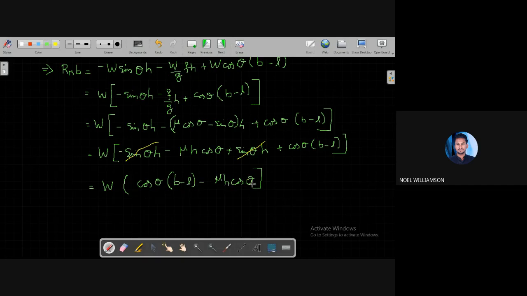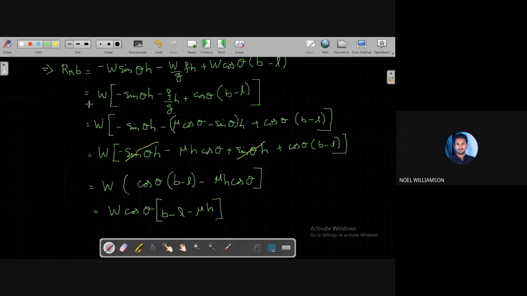Now you can take cos theta as common and write W cos theta into b minus l minus mu h. So this is the value for RR into b.